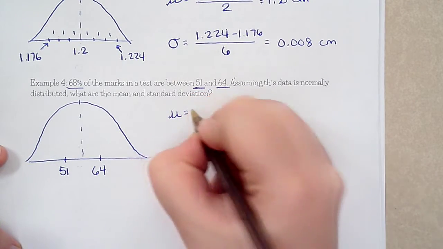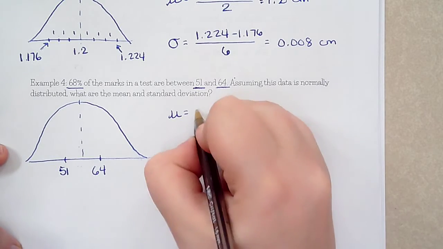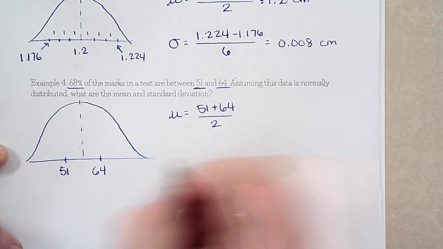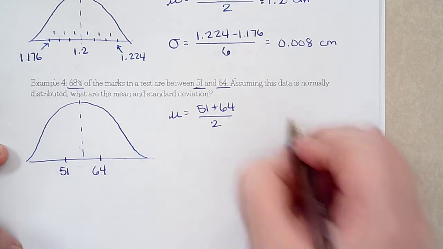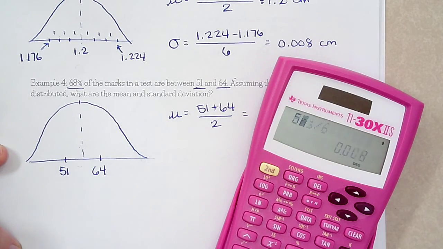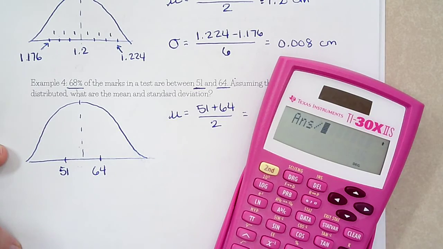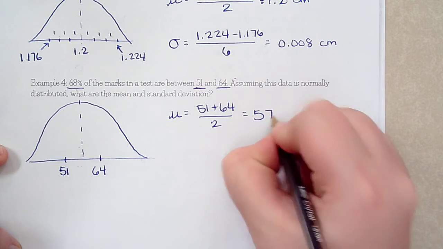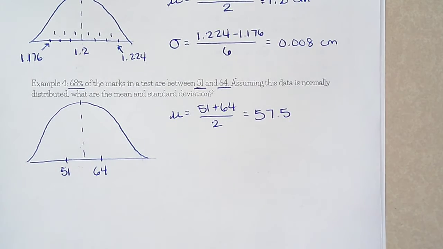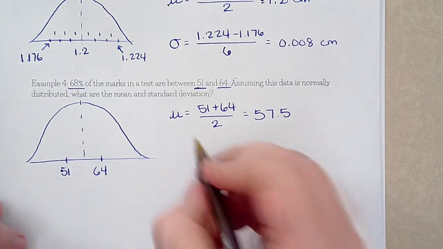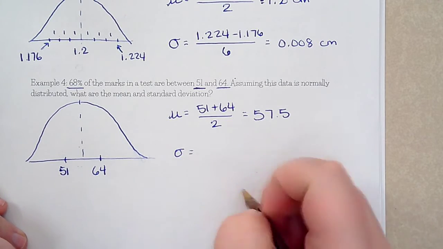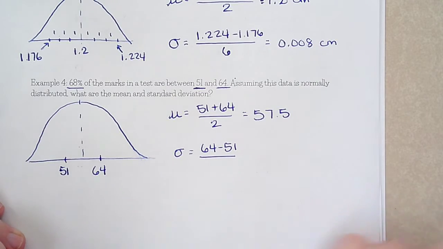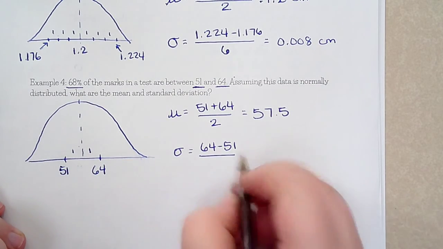So to find our average, we're going to find the dead center by saying 51 plus 64 divided by 2, because that's in the dead center. We get exactly 57.5. You can put that on your graph if you want to. I'm not super worried about it. If we want to find sigma, then we have to find the difference and say 64 minus 51 divided by 1 section, 2 sections.